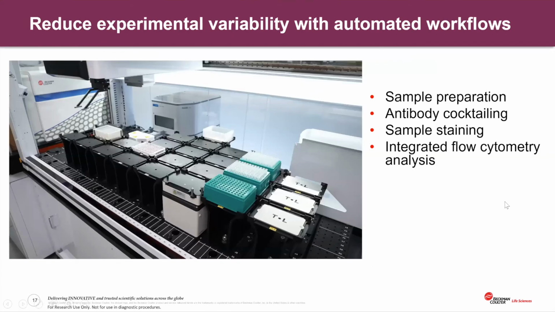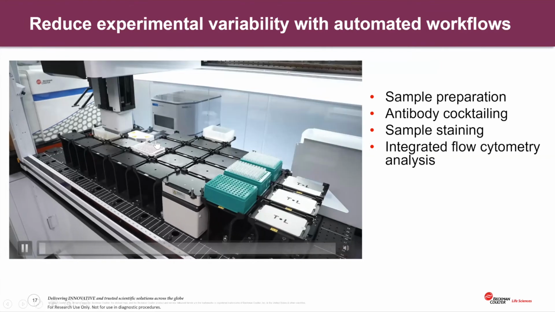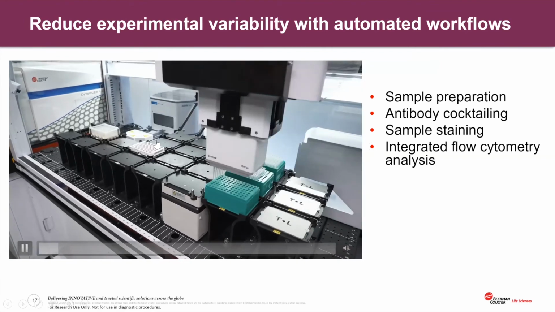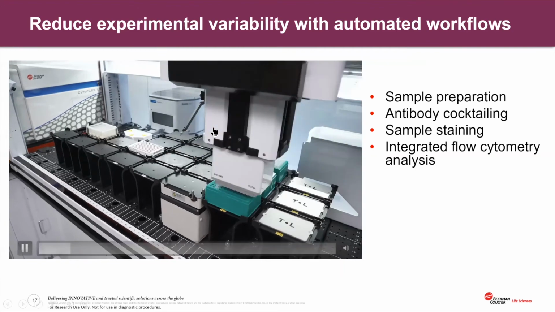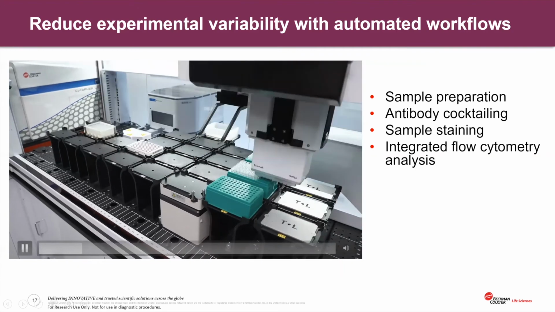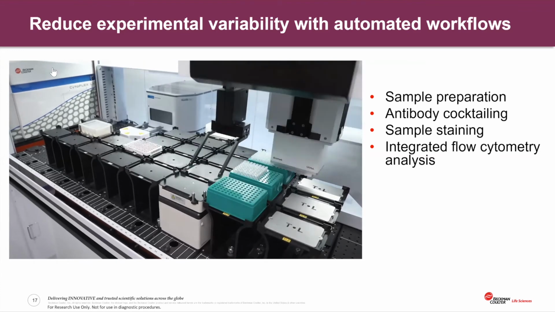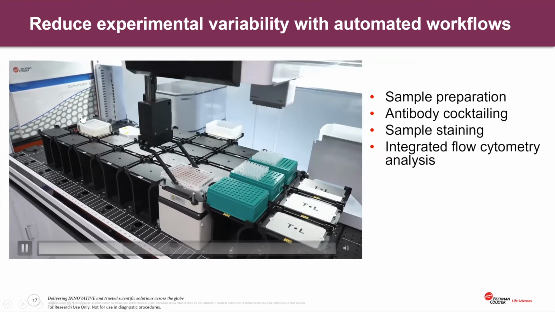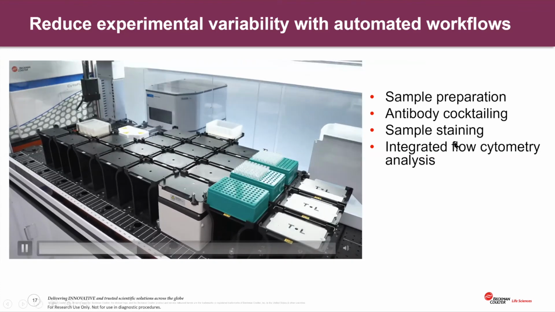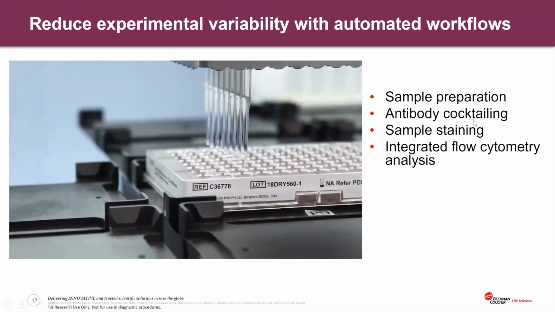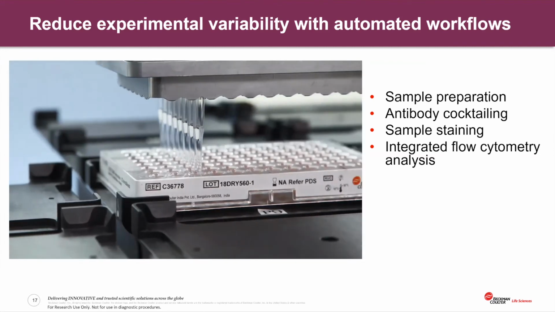Now, how else can we actually reduce experimental variability? One of the aspects is to utilize automated workflows. So what I'm showing you here is simply an automated workflow that is utilizing an automation handler along with the flow cytometer that is doing the sample preparation, antibody cocktailing, as well as staining, and then integrating this with flow cytometry.